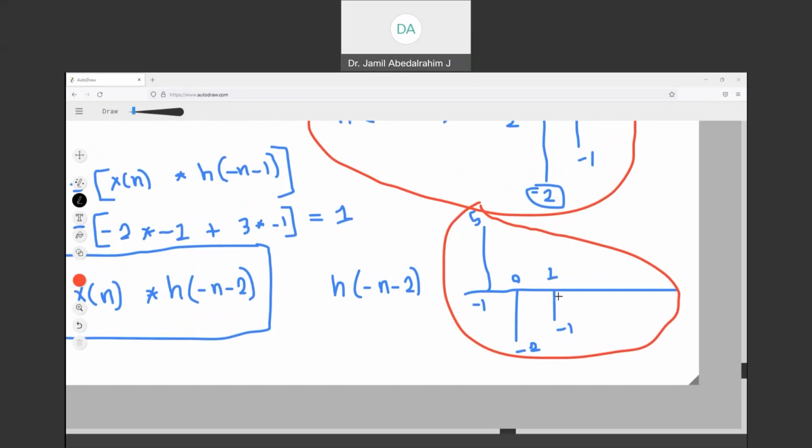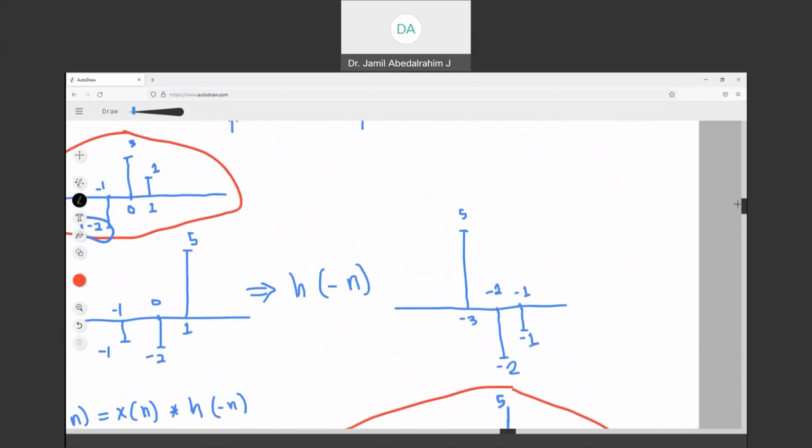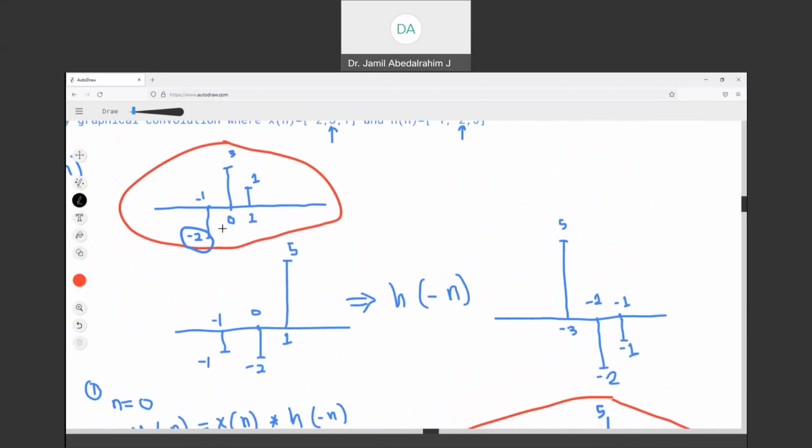As you see here, we have signals at 1, 0, and minus 1. Let's take a look at x of n at 1, 0, minus 2. So that means we have signals shared at the same places at all.